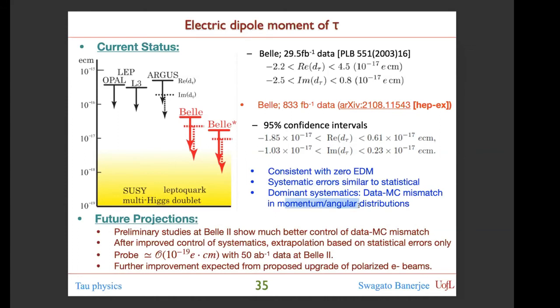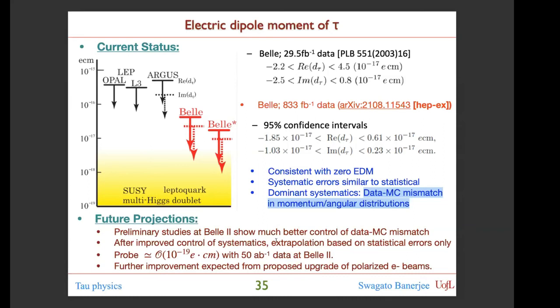For the future projection, we expect Belle II to be able to perform much better. So preliminary studies have been performed at Belle II, and we have been able to have a much better control on this leading systematic error. So the leading systematic error can be significantly reduced almost to the level of the statistical precision of the search.